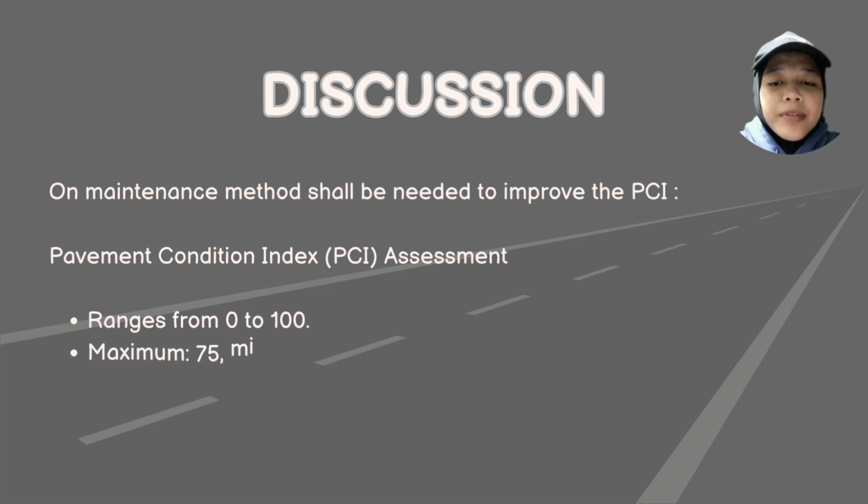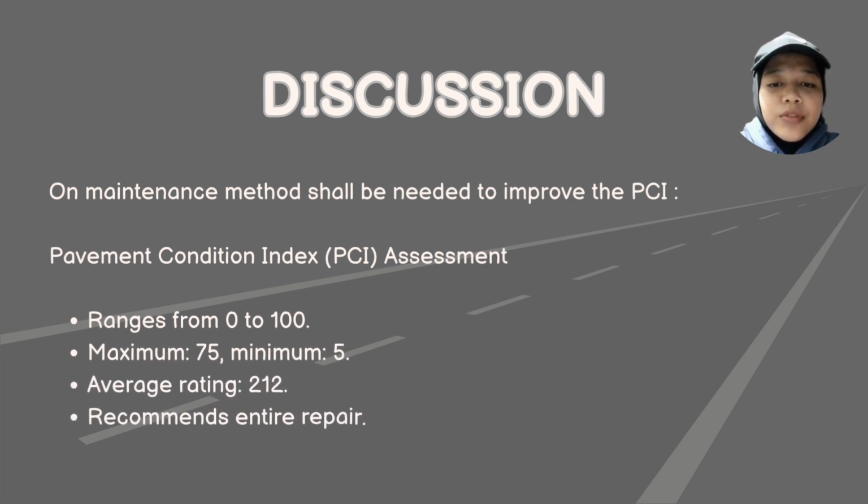The pavement condition index, PCI, was used to assess the road condition with values ranging from 0 to 100. The result shows a maximum of 75 and a minimum of 5. The average rating indicates the road needs rebuilding, with the recommended approach being entire repair.